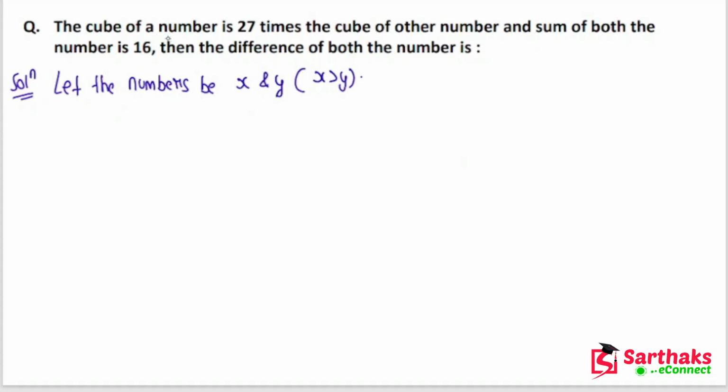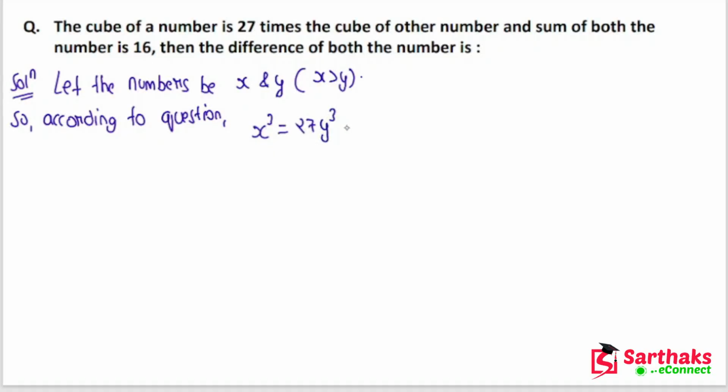Now it says that the cube of a number is 27 times the cube of the other number. Obviously, the number which is 27 times would be greater. So, according to the question, since x is greater, its cube would be 27 times y cube.